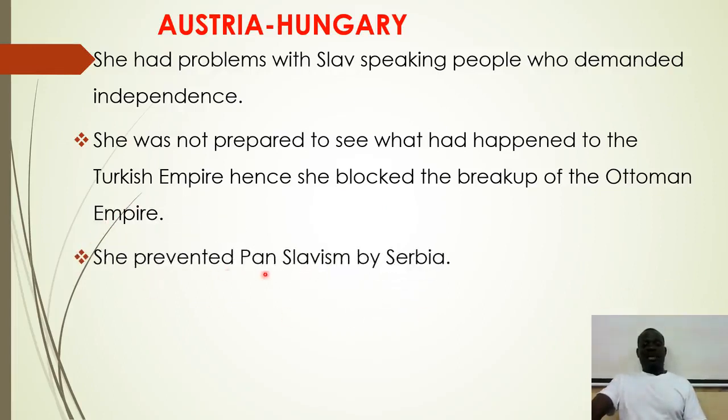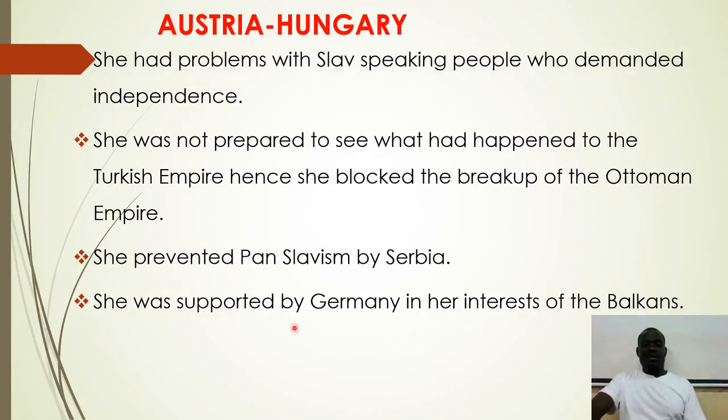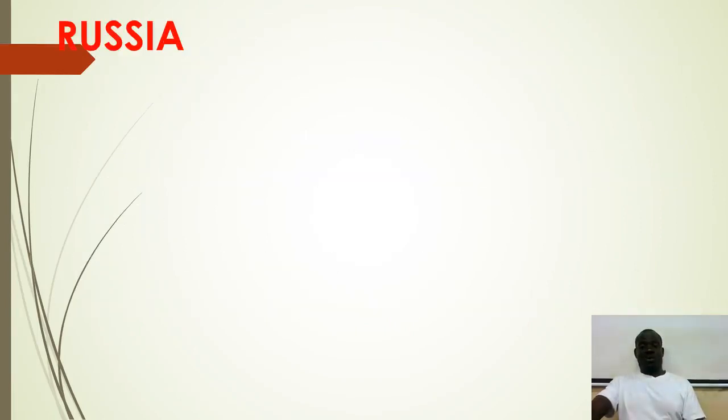She prevented pan-Slavism by Serbia, as already pointed out. She was supported by Germany in her interest of the Balkans. So while Serbia was supported by Russia, Austria-Hungary was supported by Germany. So you see there how competition or the interest, nationalism in the Balkans, is playing a role to the cause of the First World War.